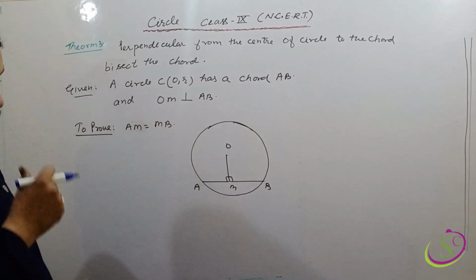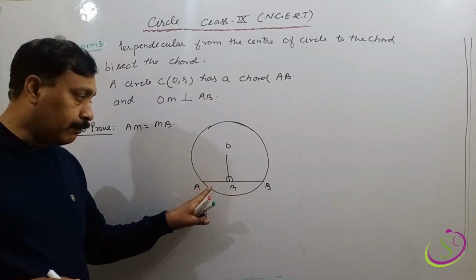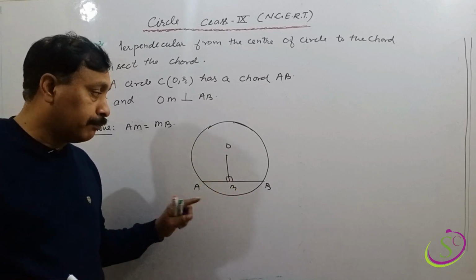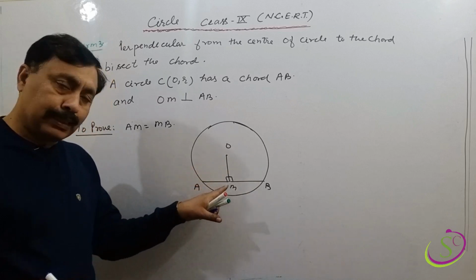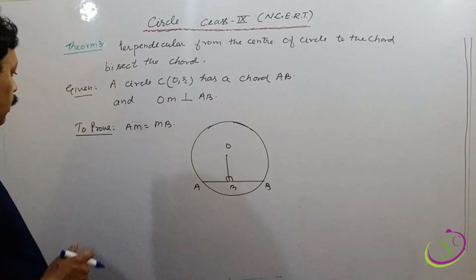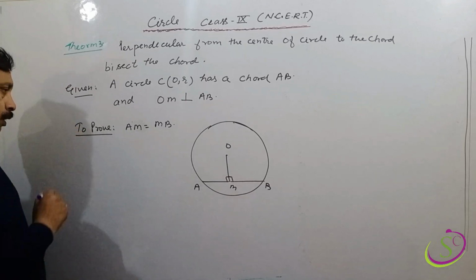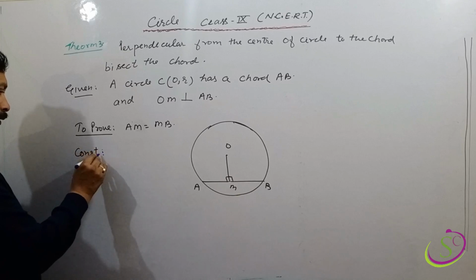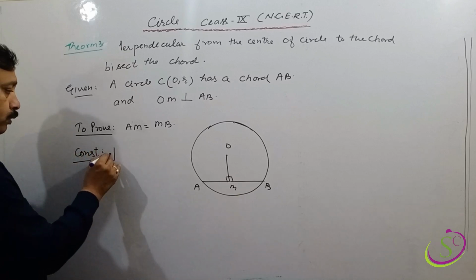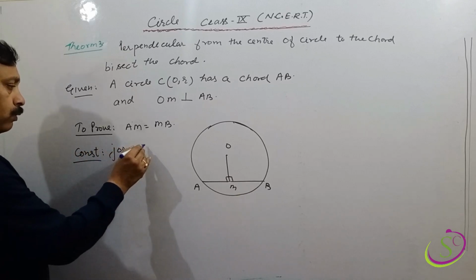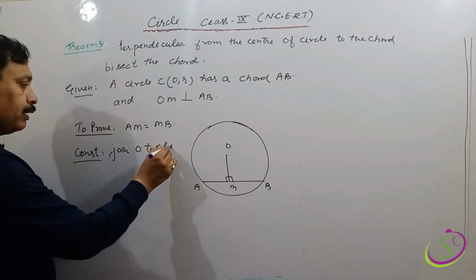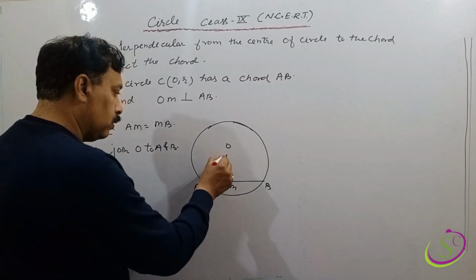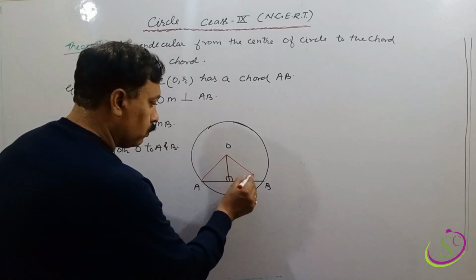This perpendicular OM divides AB into two equal parts, means OM bisects chord AB. To prove this we have to do some construction, and the construction is: join O to A and B. Done? Let's join O to A and O to B.